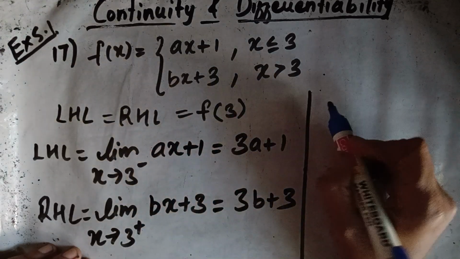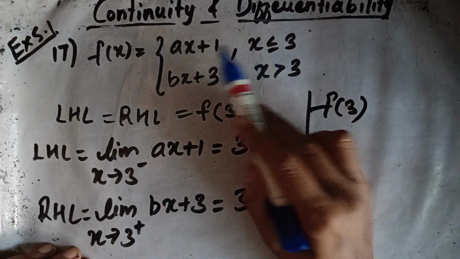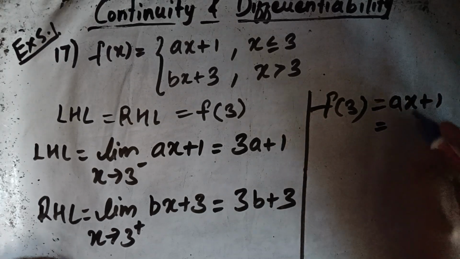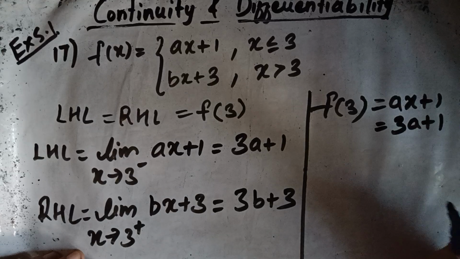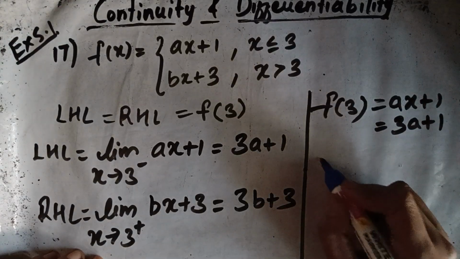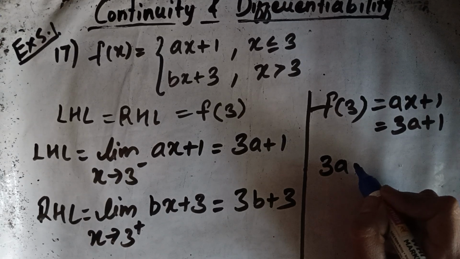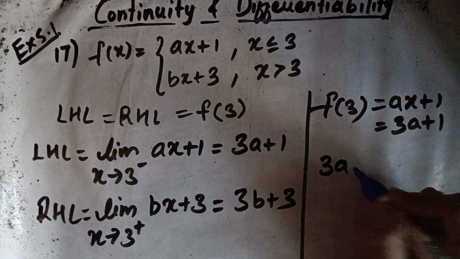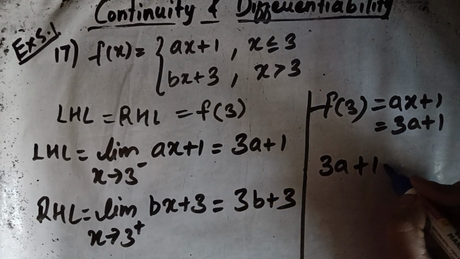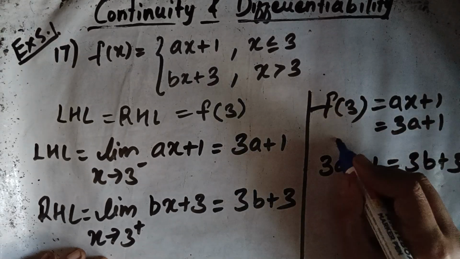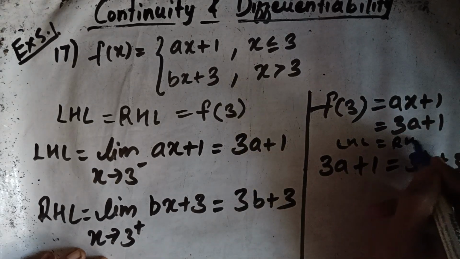What about f of 3? F of 3, you have to take this function ax plus 1. So 3a plus 1. Then 3a plus 1 is equal to 3b plus 3, if I take LHL is equal to RHL.